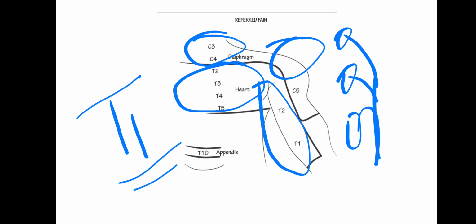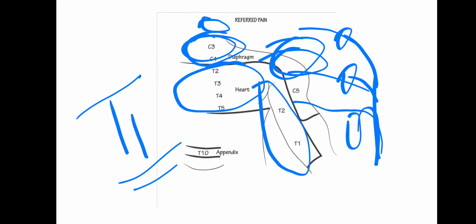As I said before, though the preganglionic fibers are from T1 to L2 levels, the postganglionic nerve fibers take the corresponding cervical or thoracic nerves, and that's why we have referred pain even to the neck region, mandibular region or the left shoulder region. This is the basis of referred pain in the heart.